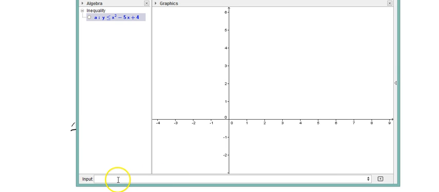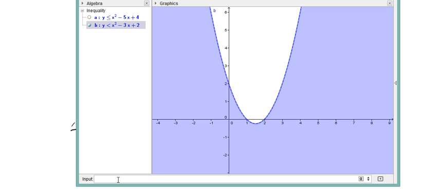So I'll just put y is greater than x square minus 3x plus 2. So my solution region is minus infinity to 1 and then 2 to infinity. That is going to be my answer region. This is how we solve the quadratic inequality.